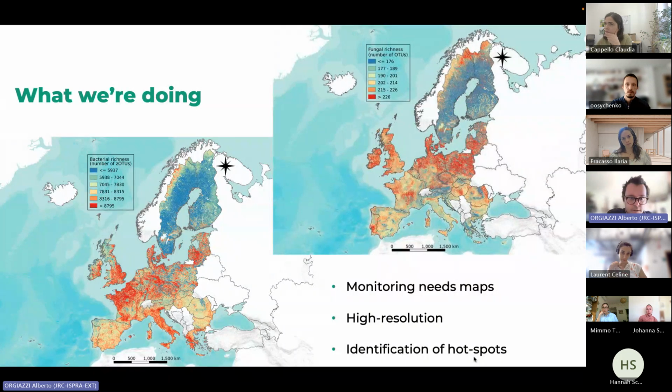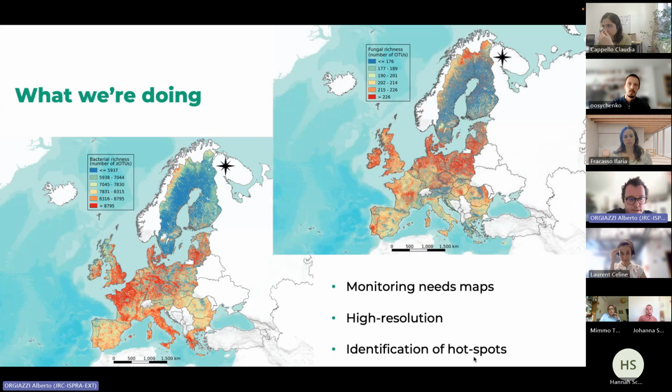We are, of course, still working on this LUCAS soil biodiversity data. And in particular, we are now trying to map biodiversity at European scale. Mapping is a key component for monitoring. If you want to protect something, you need to know where this something is. And so far, there are no high-resolution maps of biodiversity at European scale.